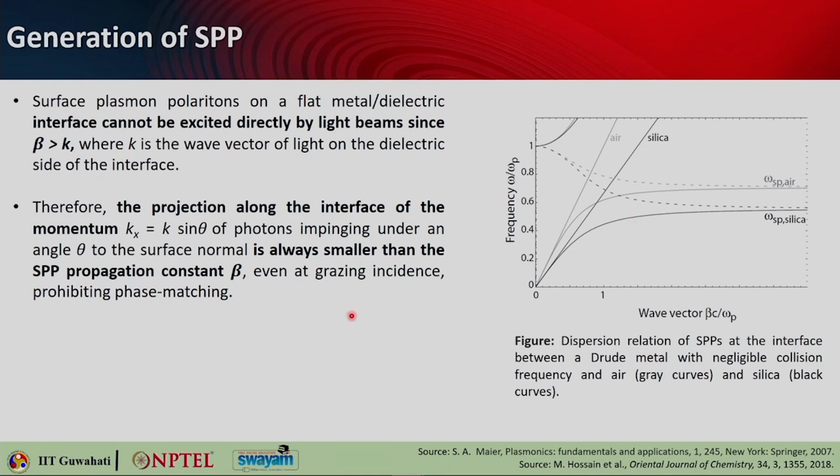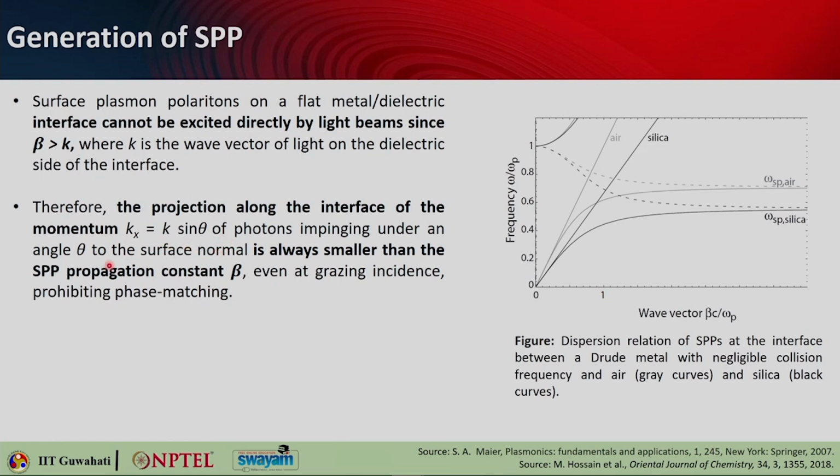Because of this momentum mismatch, you are not able to transfer energy from photons to plasmons. If you use light impinging on a metal dielectric interface, the amount of momentum you can transfer is kx. X was the direction of propagation, if you remember from the previous lecture. kx is the x component of the wave vector k, calculated as k sin theta.